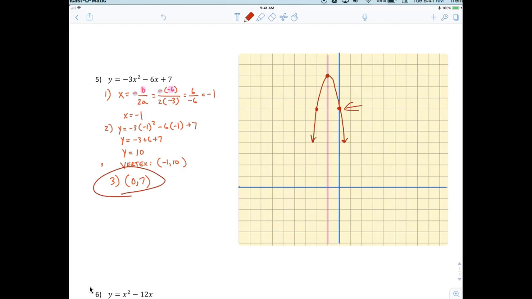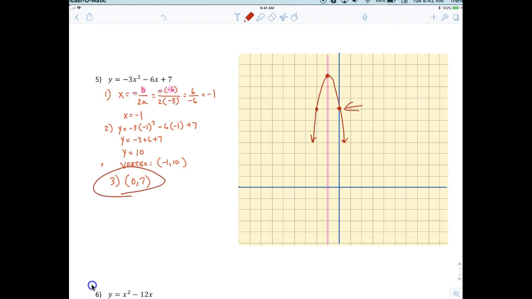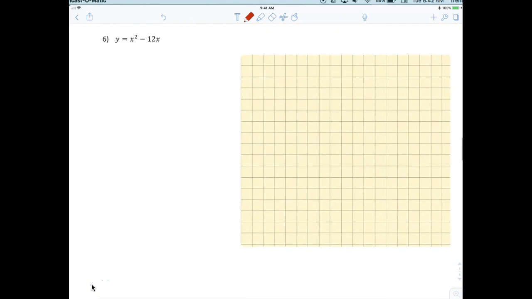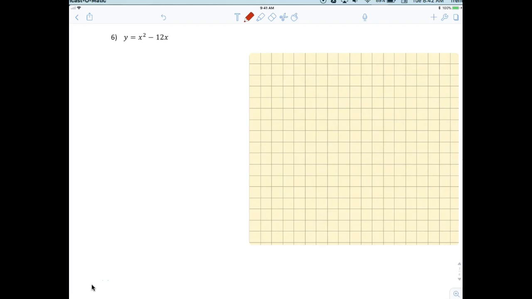All right, 3 steps. Plotting points. Not a big deal. All right. Here we go. Let's let the fun continue. All right, number 6. So, x equals negative b over 2a. What's b?